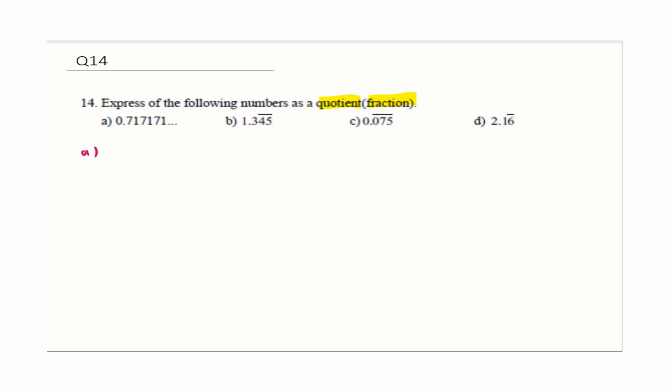Untuk question A, 0.717171, it's repeating 7171. So jadi kita boleh express this number as a series, then it's become 0.71. Kat sini dia akan jadi the second term, dia akan jadi ada dua kosong lah, ada dua tempat perpuluhan di depan 71 lah.